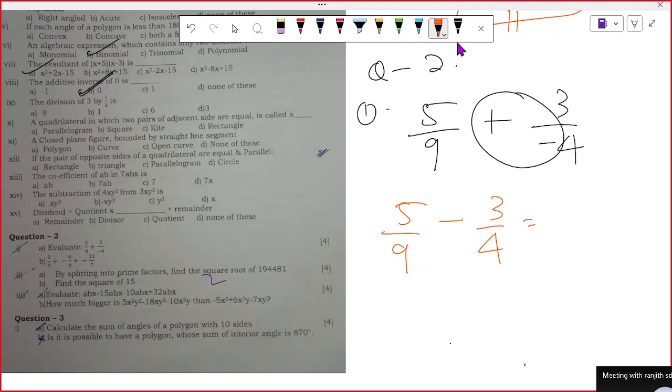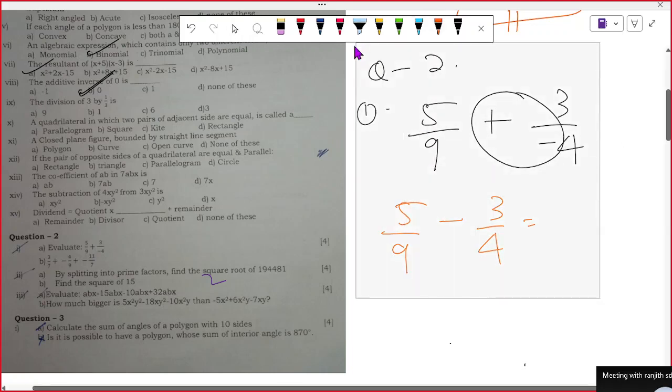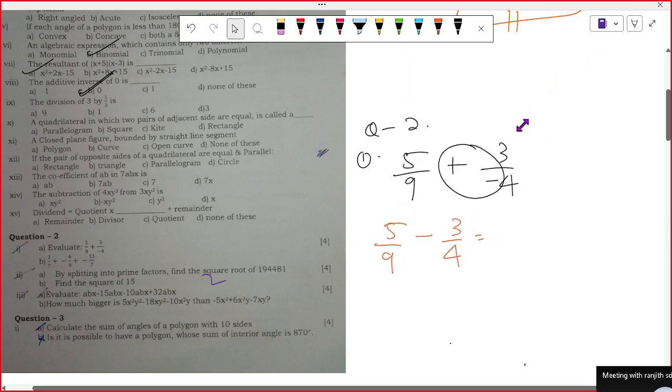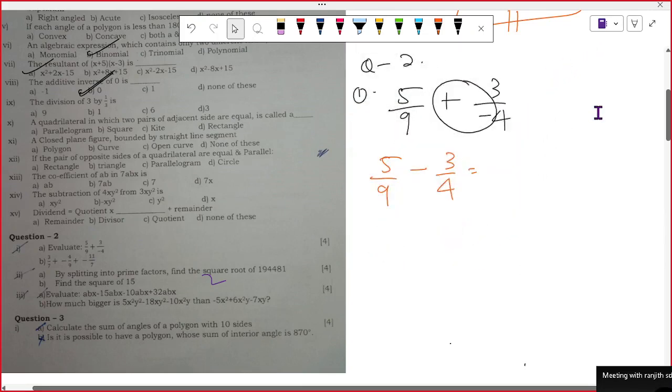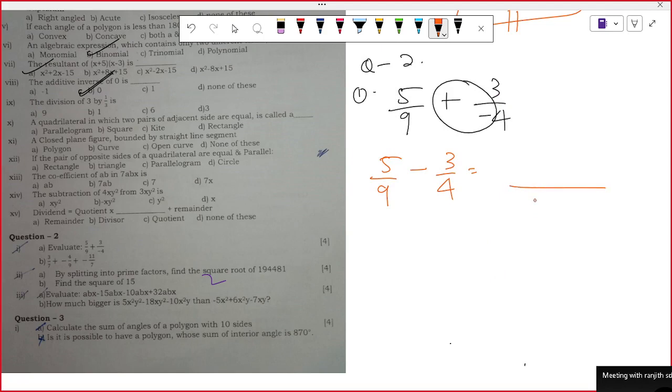Diyashri, answer this. What's the LCM you get? Sir, I got it as 36. Then 4 nines are 36. Multiply like this. And after that, 4 fives are 20.